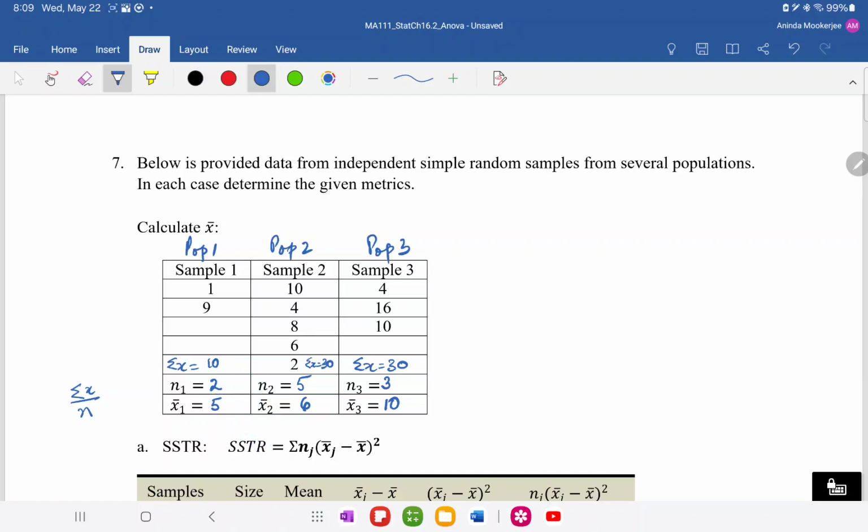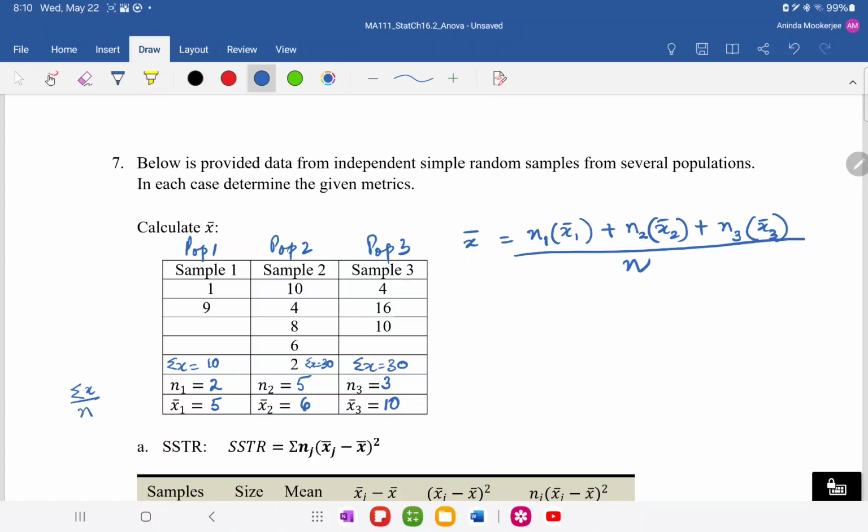Well, this is how you work it. The overall mean x bar is going to be calculated as n sub 1 times x bar sub 1 plus n sub 2 times x bar sub 2 plus n sub 3 times x bar sub 3, divided by n.